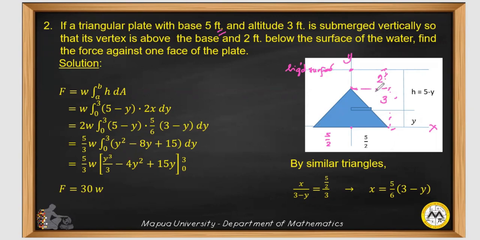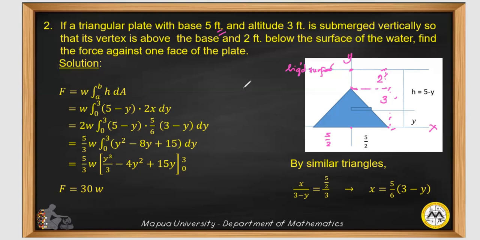And to determine the force due to liquid pressure acting on one face of the plate, we use again the formula: force due to liquid pressure is equal to the weight density of the liquid, the water, times the integral within the limits of integration from a to b.